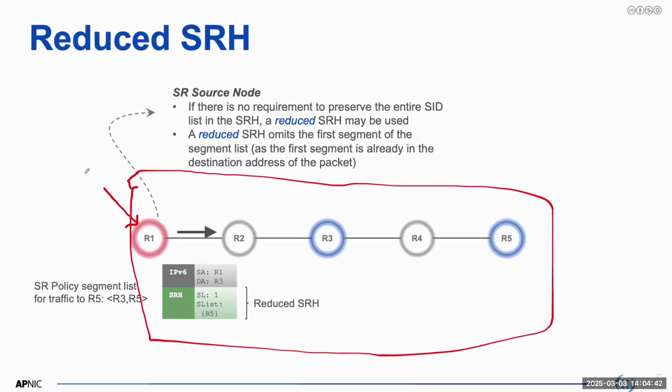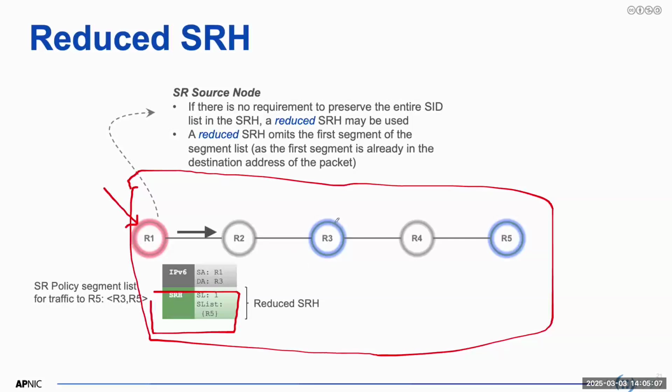So any packet from outside the domain should not enter with the SRH, because the SRH will be generated when the packet is received on R1. R1 will not receive any packet with segment routing. So when you are receiving from outside, you just receive the plain payload or IPv6 packet.